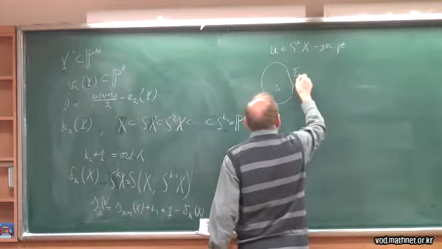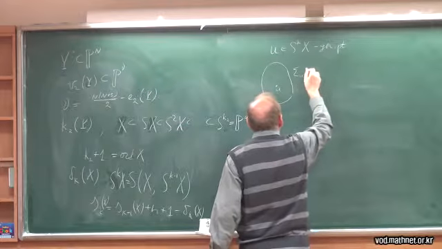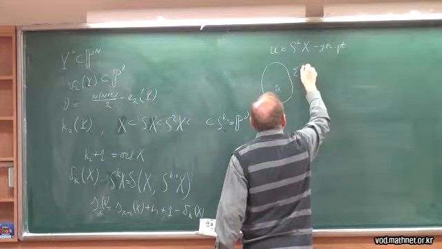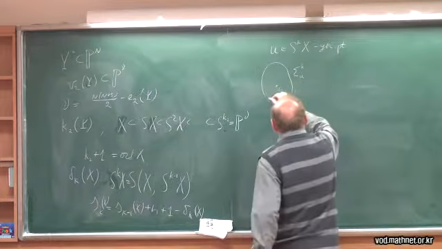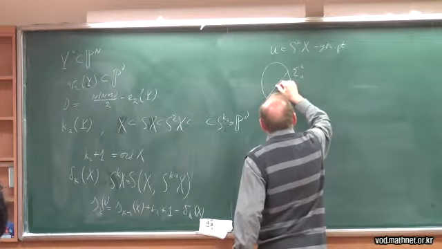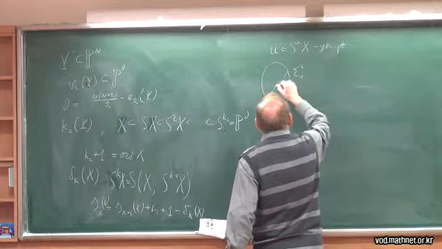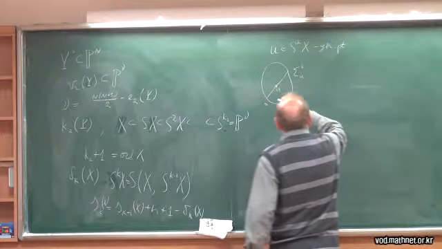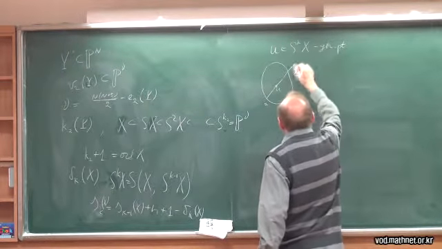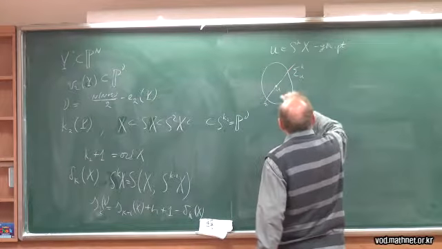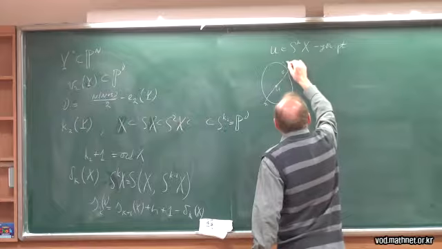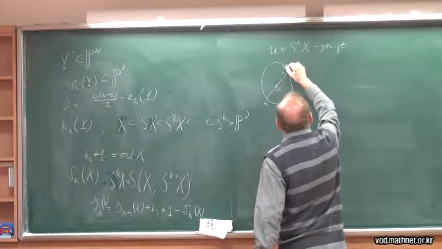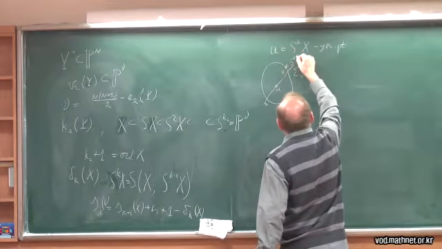We denoted it by sigma U, K, and it's the locus of all points X such that this point U is contained in the line passing through X and some point V lying in the preceding secant variety.